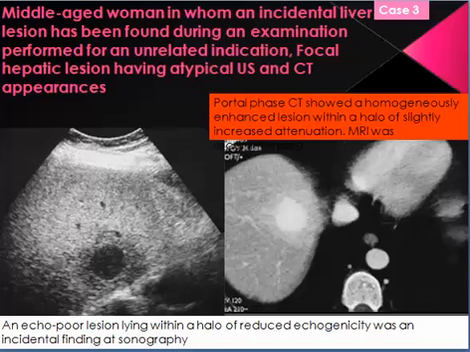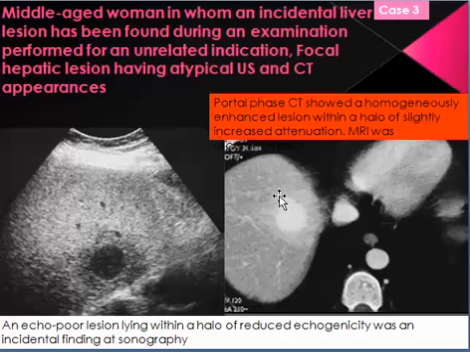A middle-aged woman in whom an incidental liver lesion has been found during an examination performed for an unrelated condition. The focal hepatic lesion has atypical ultrasound and CT appearance. In contrast, it is seen enhancing. Portal phase CT scan shows a homogeneously enhancing lesion within a halo of slightly increased attenuation.